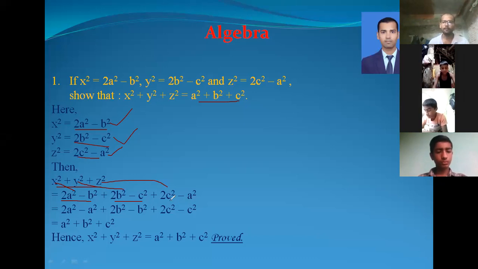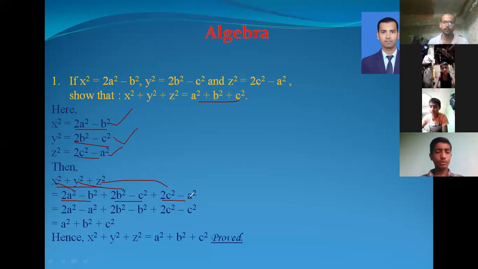After replacing their values, we need to arrange the like terms, as we discussed earlier about how to rearrange like terms. Here you can see 2a square, and the like term of 2a square is the a square given at last.